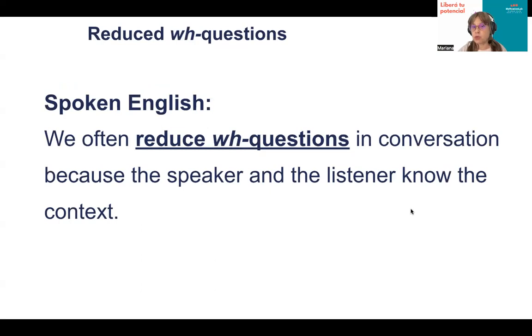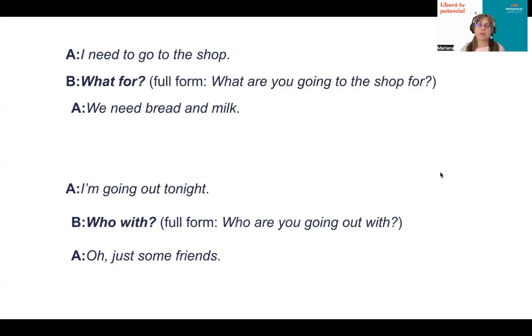We have the reduced WH questions in conversations because the speaker and the listener know the context, so it's not necessary to mention the whole context. For example, "I need to go to the shop." "What for?" The full form would have been, "What are you going to the shop for?" But it's not necessary to add all that.